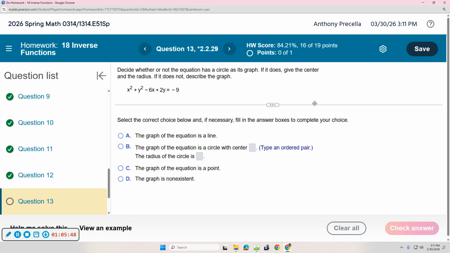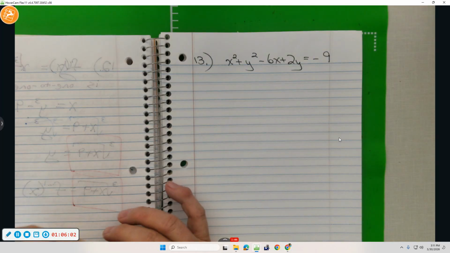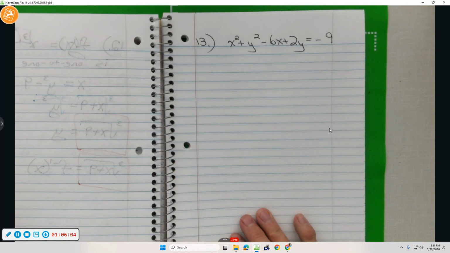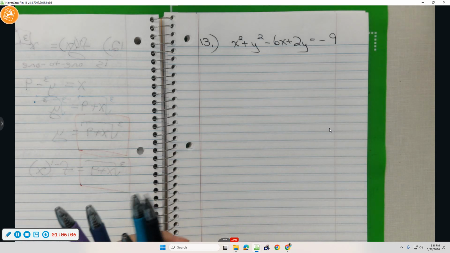And this is something that sort of takes a little bit to jog your memory. You got to get that circle written in center radius form.